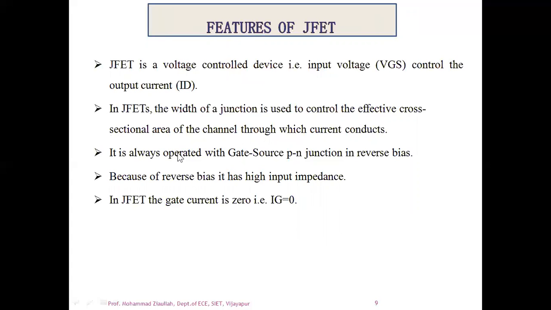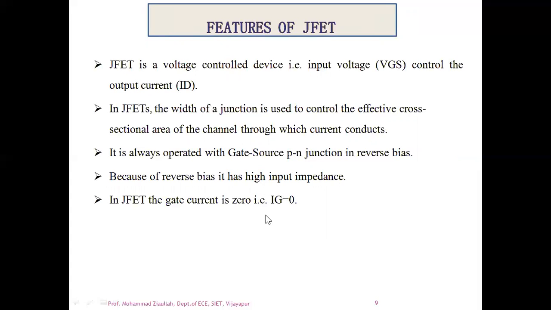JFETs are always operated with the gate-source PN junction in reverse bias. Rather than using forward bias, we use reverse bias operation. Because of its operation in reverse bias, this JFET produces a high input impedance. In JFET, the gate current is 0, that is IG equals 0.